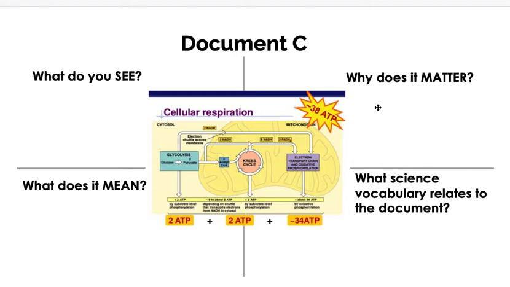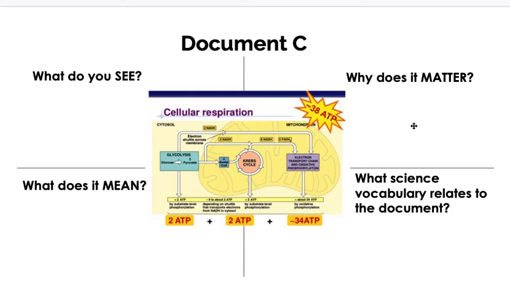And cellular respiration is needed for all living organisms. Anything that is living, plants, animals, algae, microscopic organisms, they carry out cellular respiration, whether it's aerobic or anaerobic, depending on their energy needs. Every living organism carries out cellular respiration.